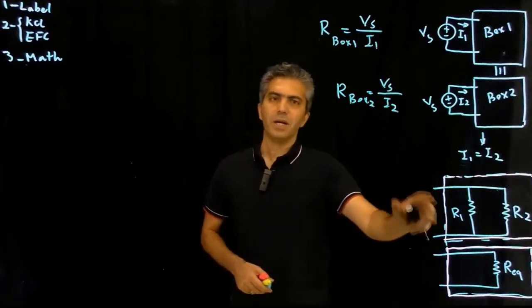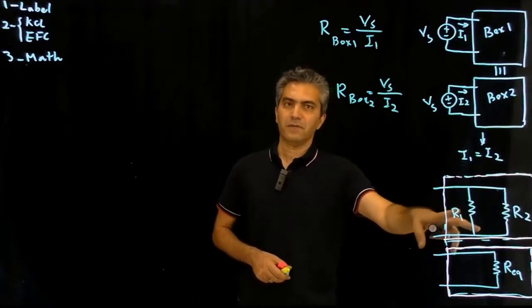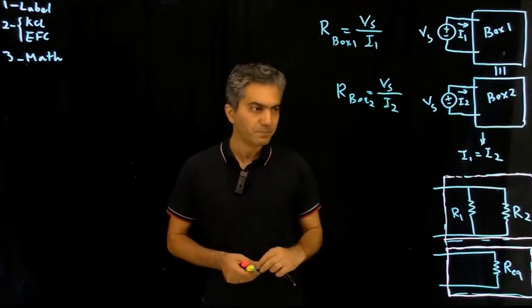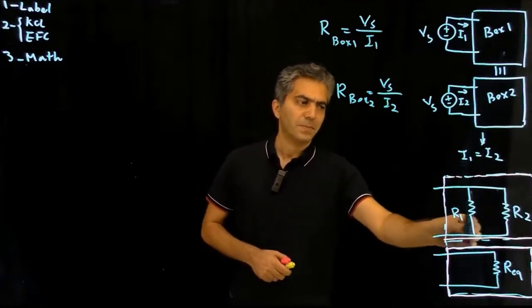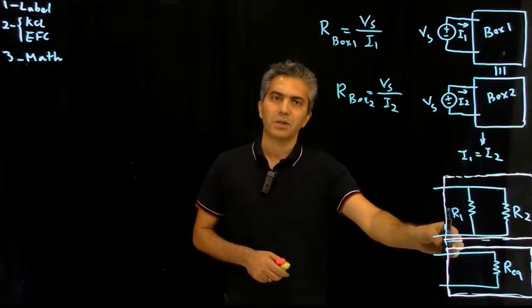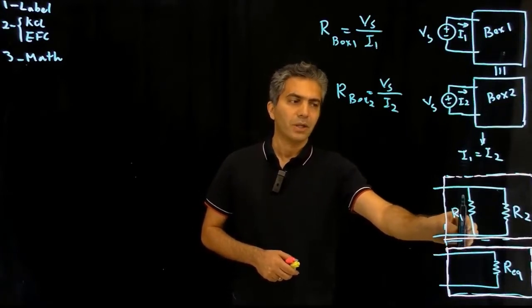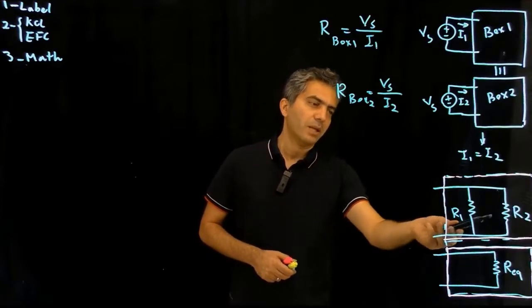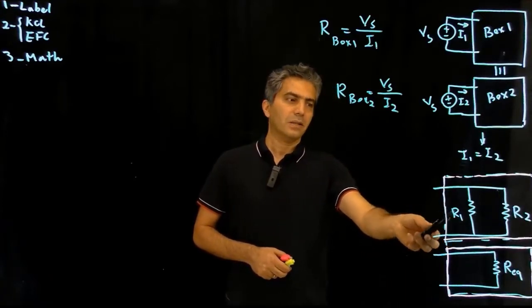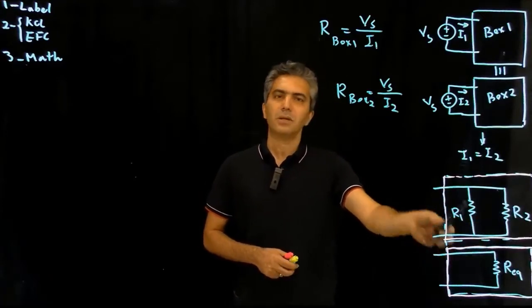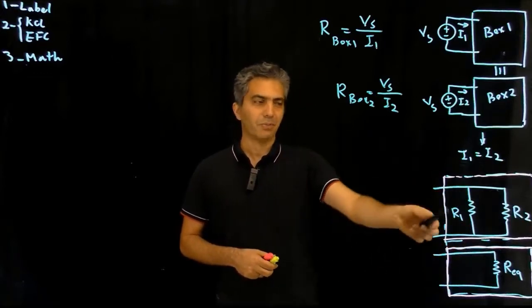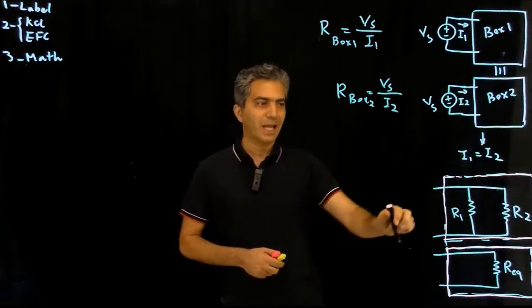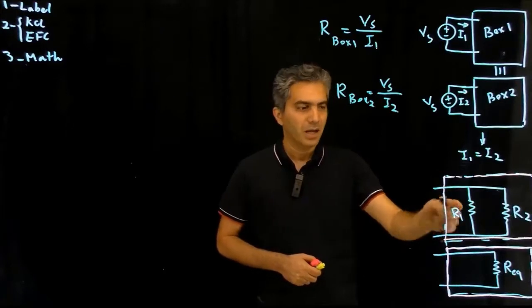Now, we're going to try that with a different kind of resistor connection. This specific type of connection is called a parallel connection. In the way that I have drawn this, R1 and R2 appear to be also parallel geometrically to each other, but that really doesn't matter.